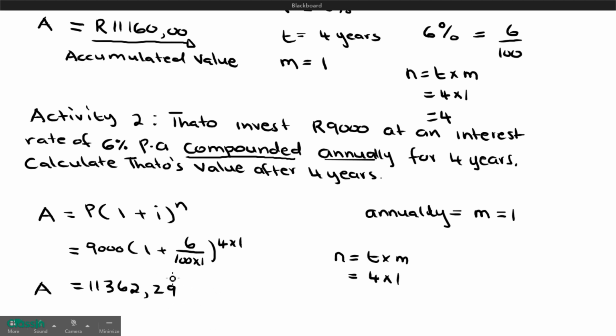But as time extends, compound interest is going to be more than simple interest. So we took the same information, treated it as simple interest and as compound interest, just to have a view of which method is suitable to give you more money, which one is going to give you less, and which one you can choose when you do your investment. So here Tato will definitely choose compound interest as compared to simple interest.